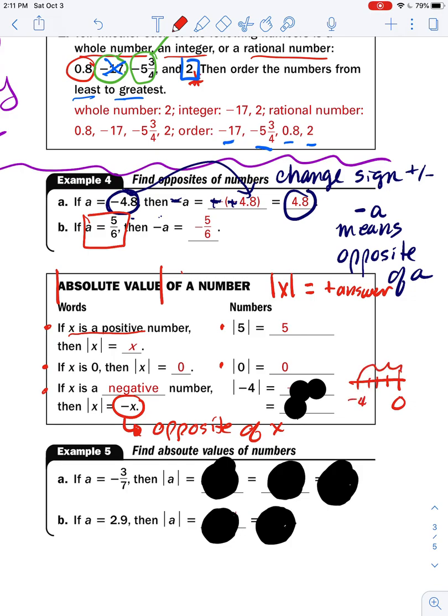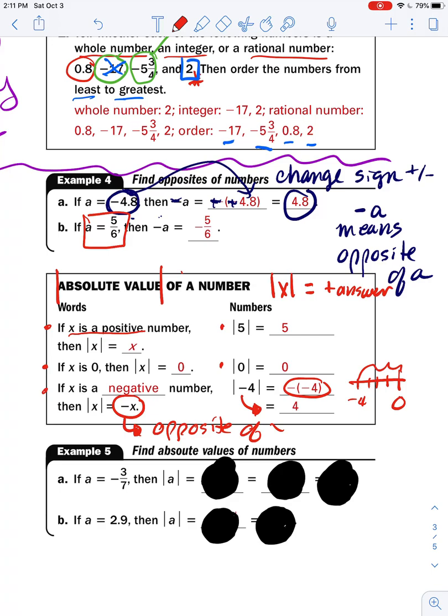How far is that from 0? 4. So this opposite thing might mess your brain up a little bit if you're thinking of it as the opposite of a negative. But just think, how far is that number from 0? 4 units. The only reason the negative matters is it's telling you which direction it's 4 to the left.